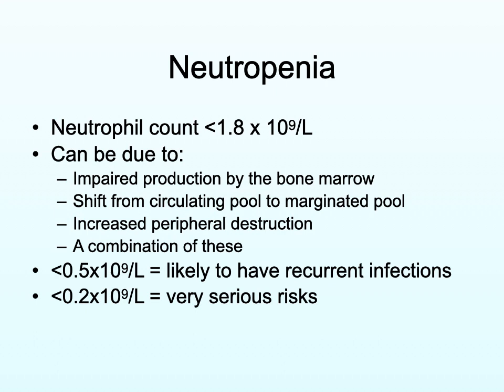When the absolute neutrophil level falls below 0.5, the patient is likely to have recurrent infections, and when the count falls to less than 0.2, the risks are very serious, particularly if there is also a functional defect.